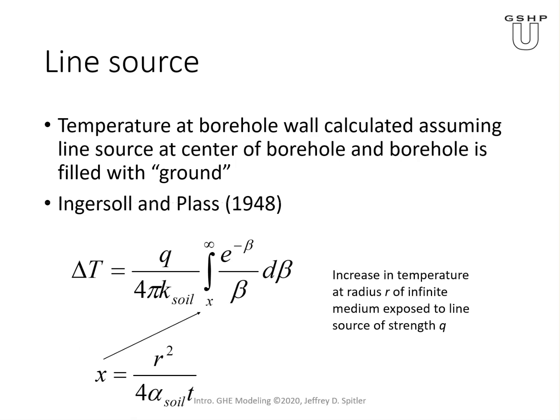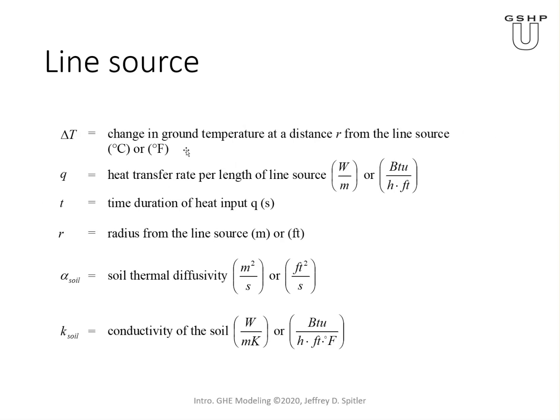Okay. Now, the nomenclature. The delta T is the change in ground temperature at a distance r from the line source, and we're going to typically apply this at r_b, the borehole radius. Q is the heat transfer rate per length of line source, so watts per meter or BTUs per hour per foot. t would be the time duration. Of course, if you were using American units, then the time duration would be in hours, not in seconds.